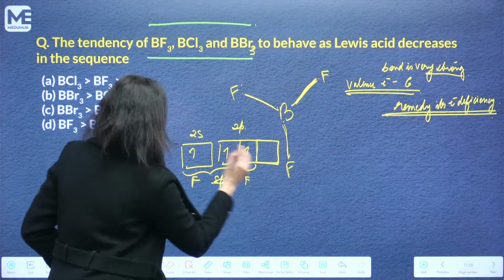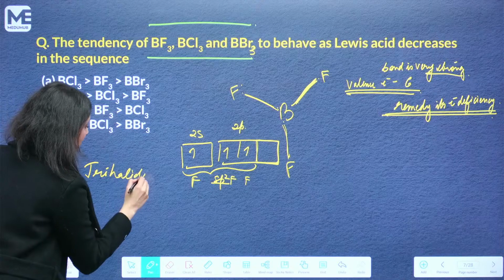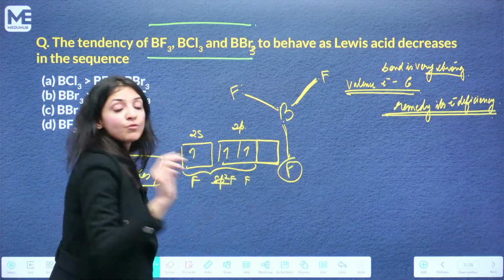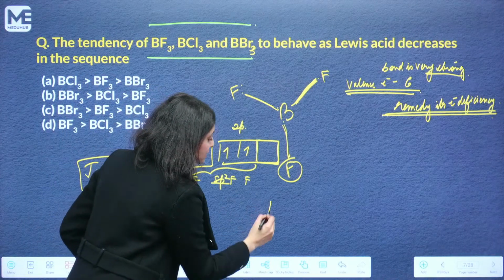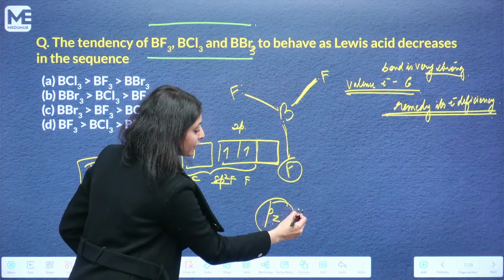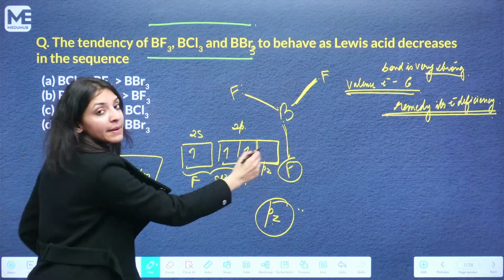So what happens in trihalides of group 13 elements, especially for boron? Now F has lone pairs of electrons. So F has a full pz orbital. So pz orbital of fluorine contains 2 electrons and the pz orbital of boron here is empty.